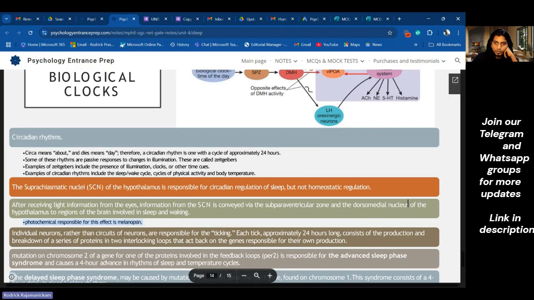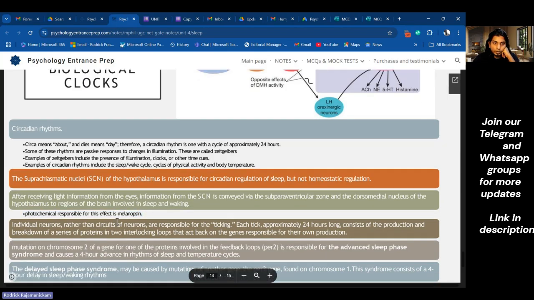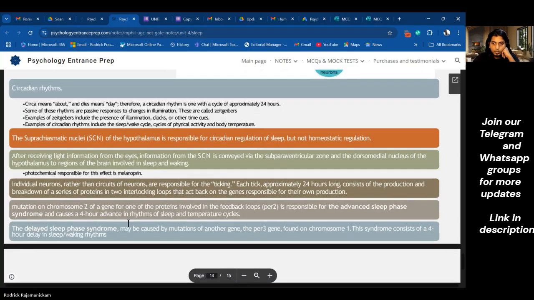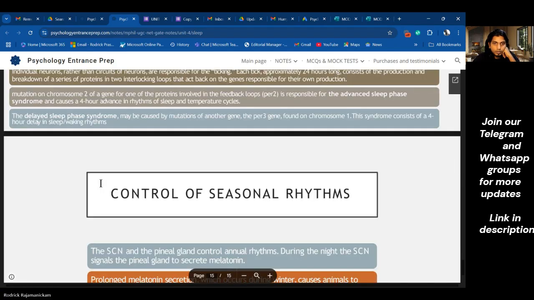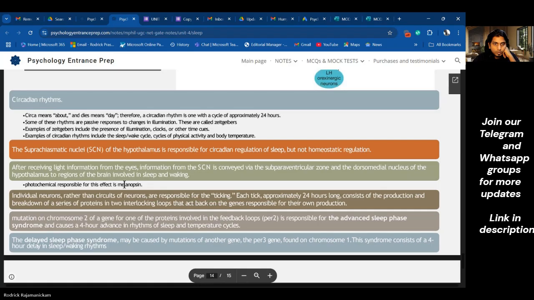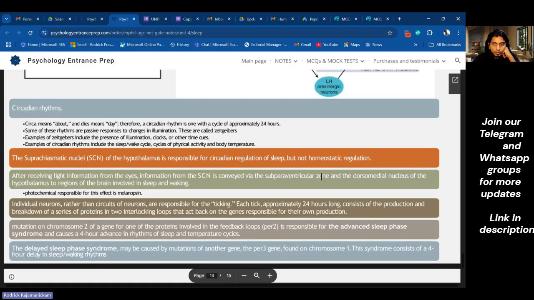So the dorsomedial nucleus of hypothalamus, and then from there, you go to the regions involved in sleep and waking. They themselves do not trigger melatonin. So it should be at the hypothalamus where you have melanopsin, which is a precursor, and then you have melatonin. Okay. Pineal gland is also part of it, no? Anything else?